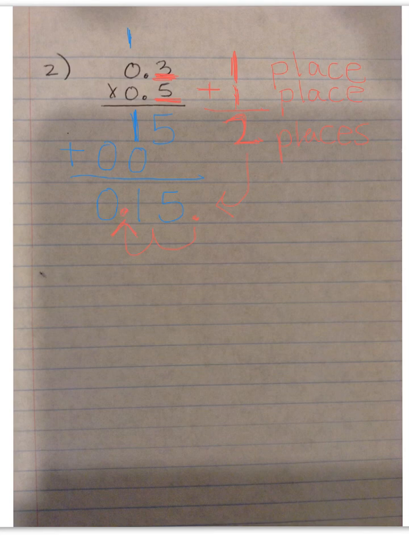And so my answer becomes 0.15. And then I can check because I have one place here in 0.3 and one place here in 0.5, which gives me 2 places. And I have 2 places that I move my decimal, except this time I move them to the left.